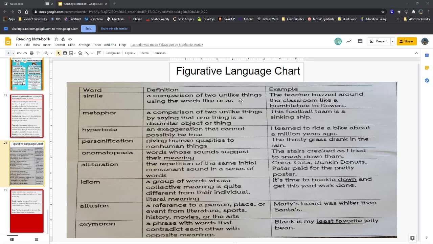Saying something like, I don't know, the old woman's hair was like a pile of snow on top of her head. They're not really saying that her hair is made out of snow, but they're saying because she's older and she's got a lot of gray hairs or white hairs, that it looks like a little pile of snow just sitting on her head.